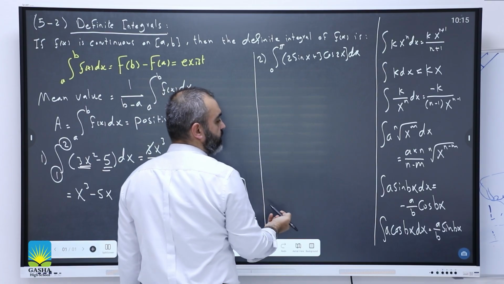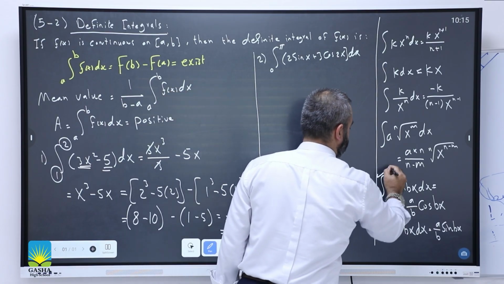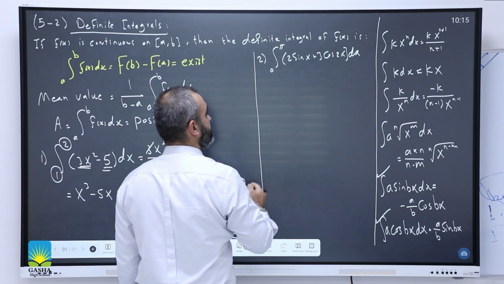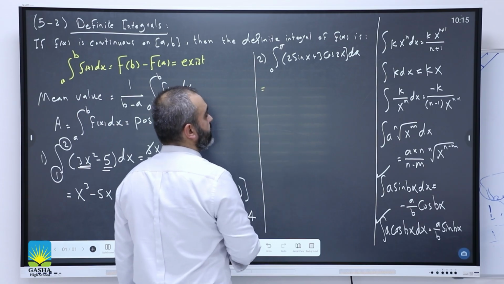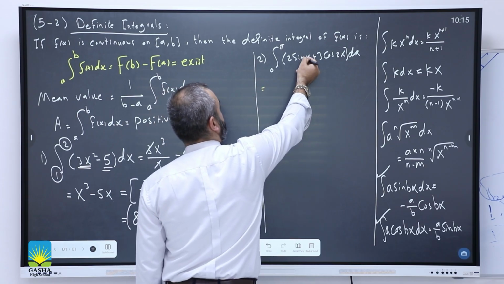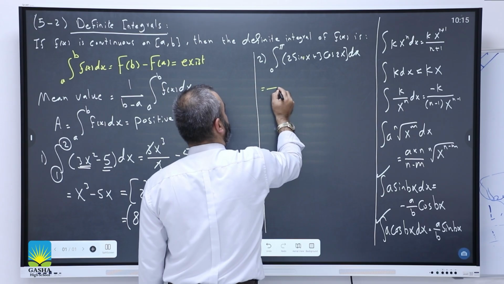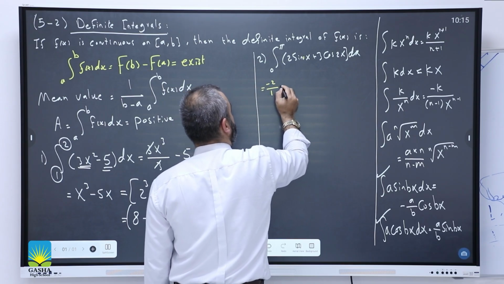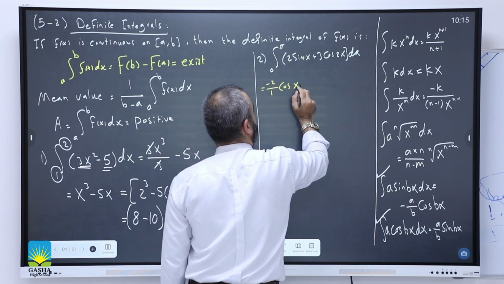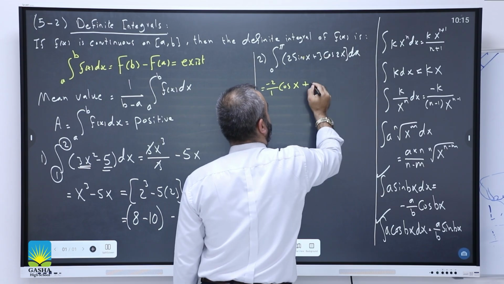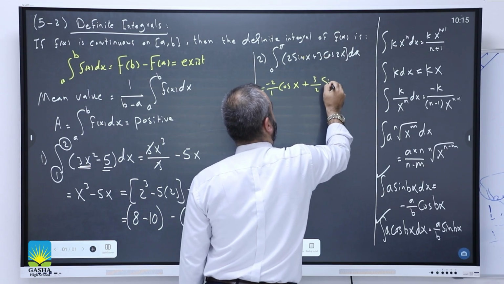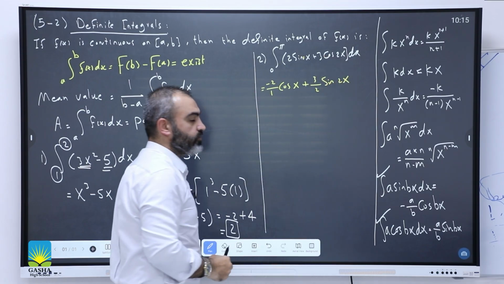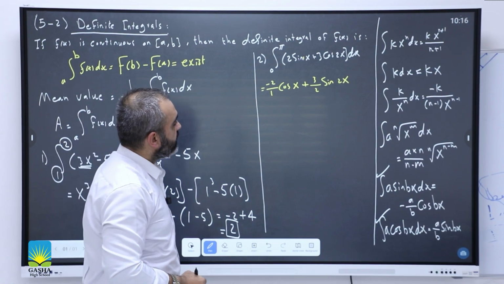So we use this formula and this formula, right? It equals negative 2 over 1 cosine x plus 3 over 2 sine 2x. This is the result of the indefinite integral.